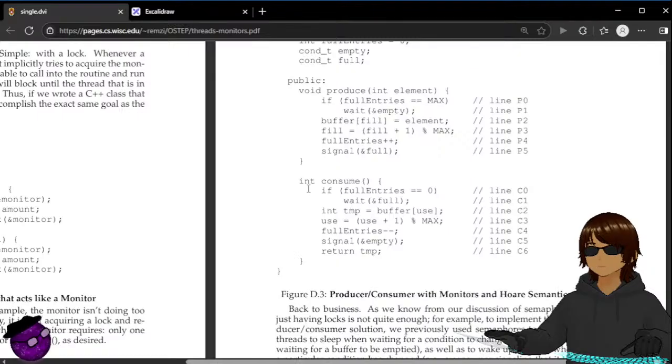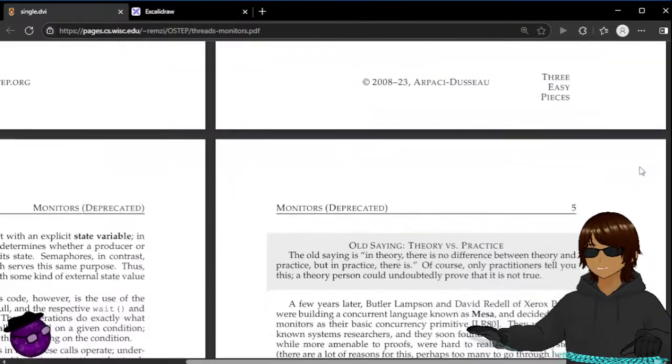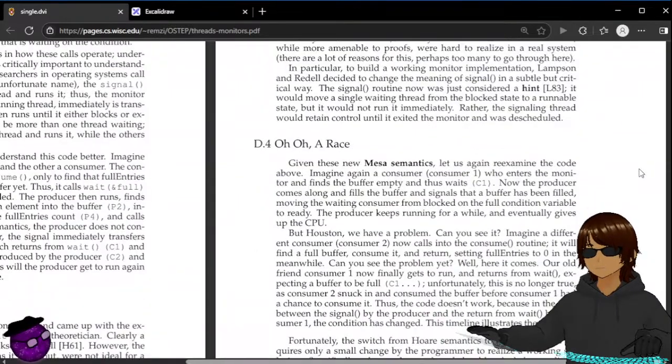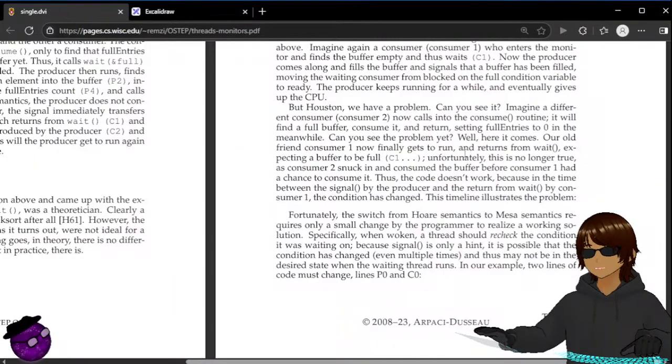Consumer 2 came, skipped this line, did all of this, and the full entries is now 0. Consumer 1, which was in a ready state at line C1, is going to run C2 and find that it is empty, expecting a buffer to be full.